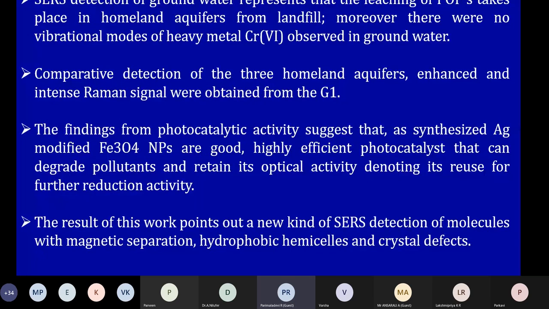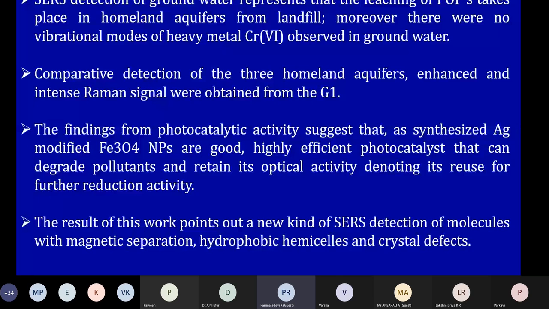G1 is the water leachate collected nearest to the dump site, that is from 25 meters. Photocatalytic activity suggests that this silver modified iron oxide is a highly efficient photocatalyst that can degrade the pollutant and retain its optical activity, denoting it can be reused for further reduction activity.